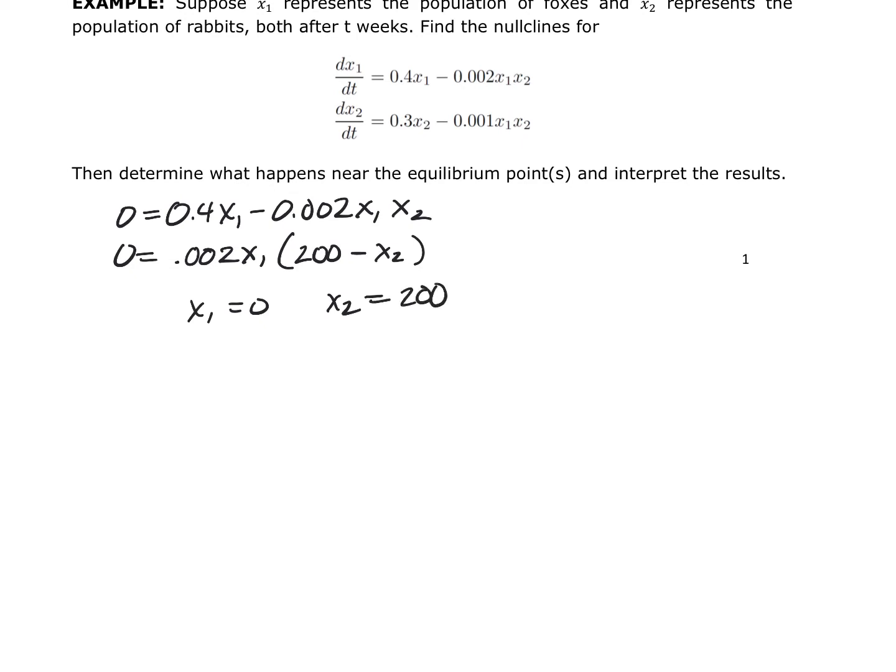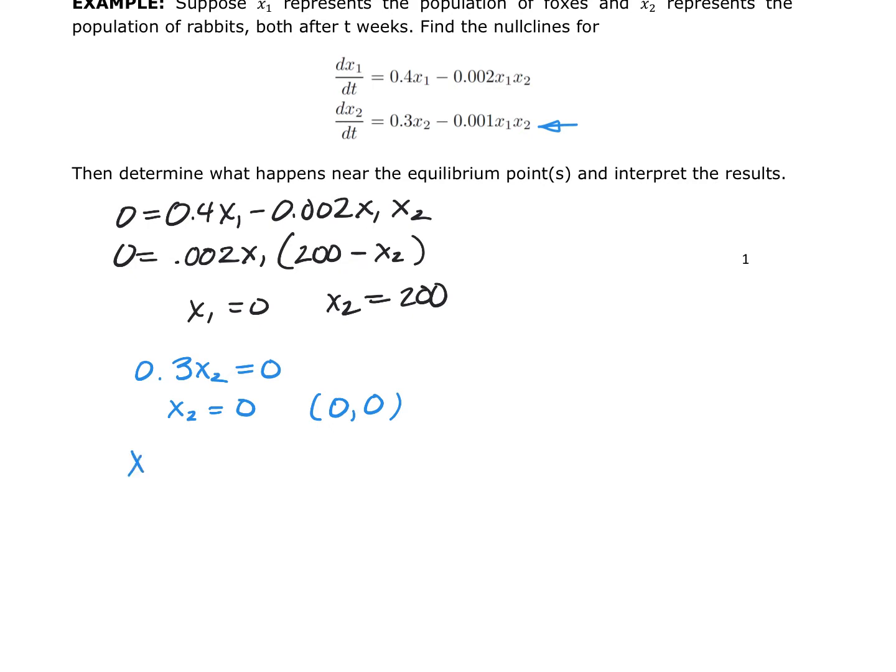Now, if I put these two values into my second derivative here, if x sub 1 is equal to 0, then 0.03 x sub 2 is also equal to 0. So x sub 2 is equal to 0 when x sub 1 is equal to 0. So we have our first ordered pair, 0, 0.